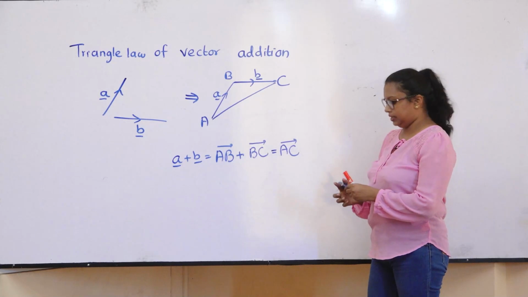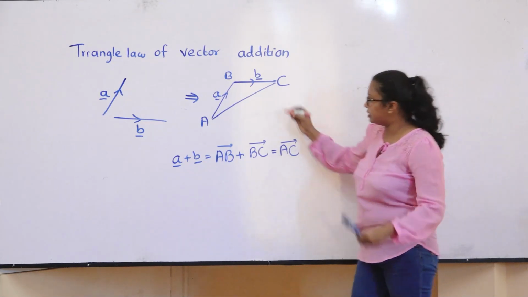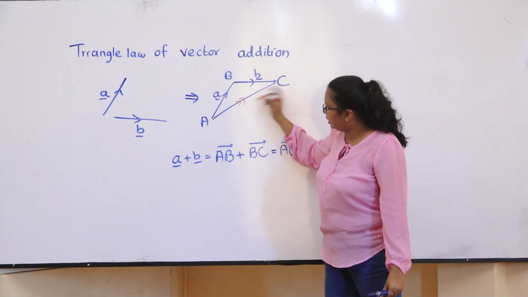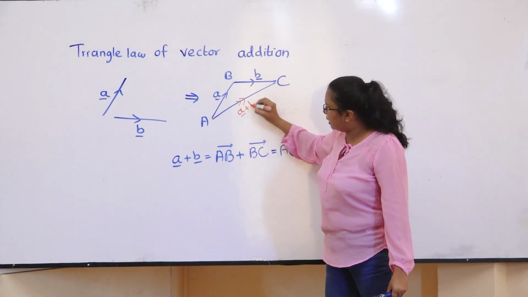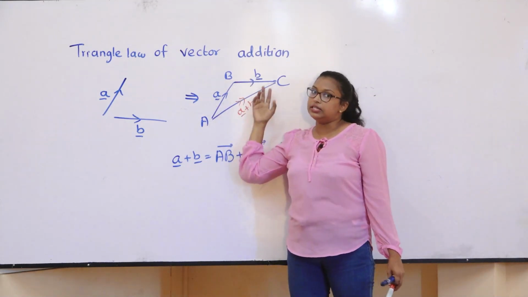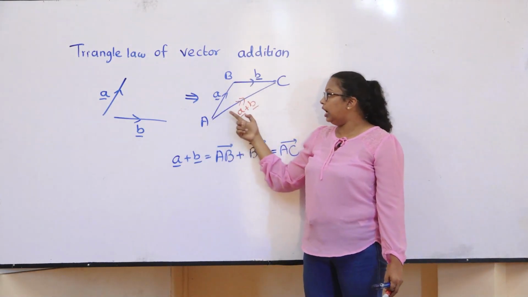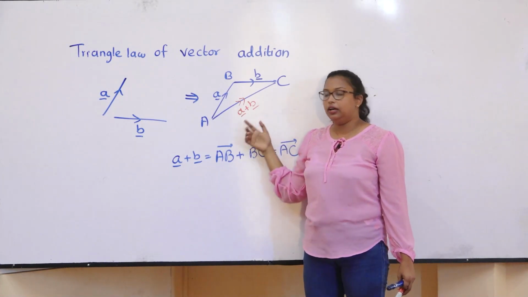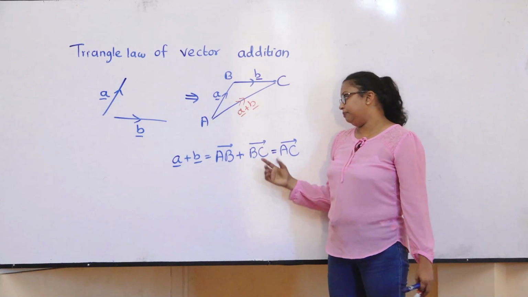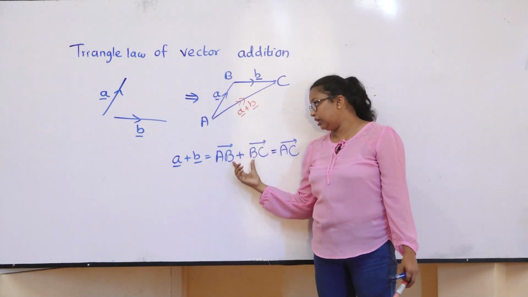Okay, AC, that means this resultant vector is towards the direction AC, that is vector A plus B. So, the triangle law of addition is that the sum of two vectors is represented by the third side of the triangle, right?